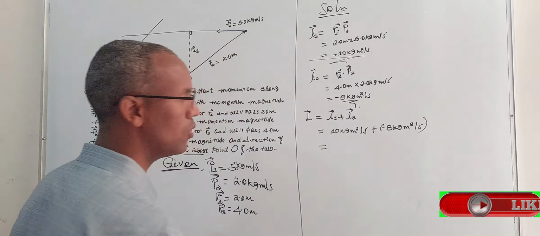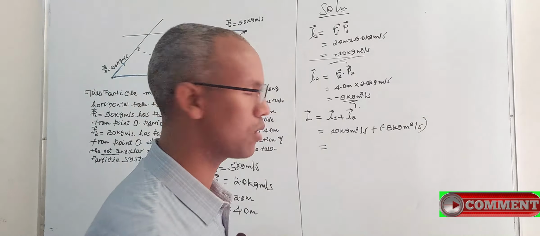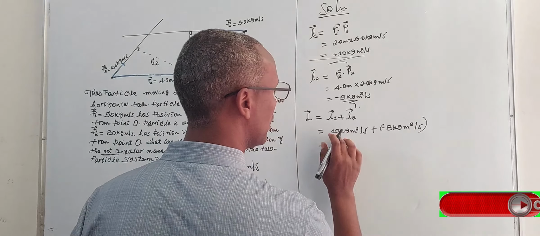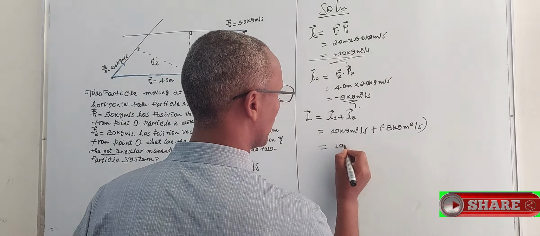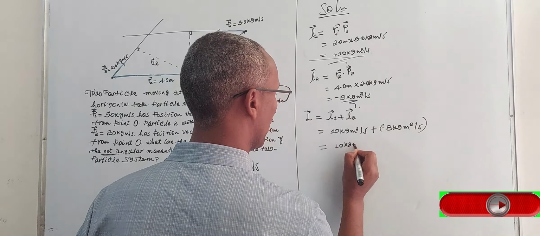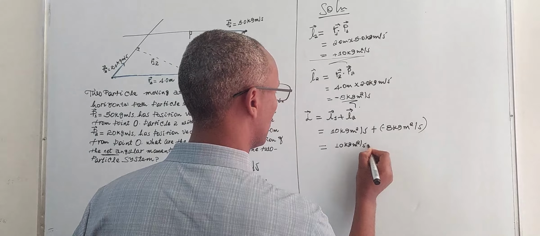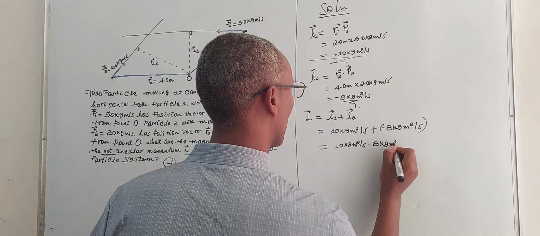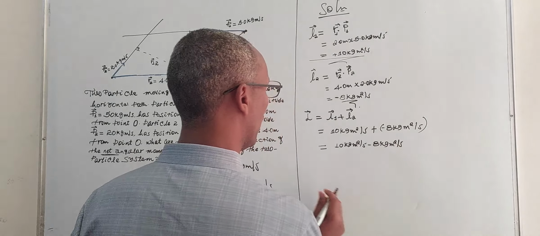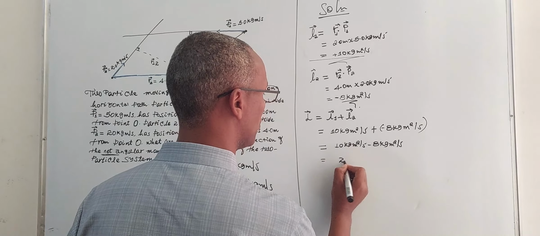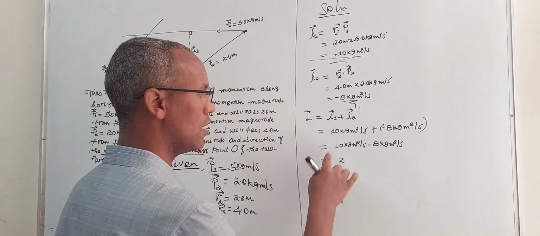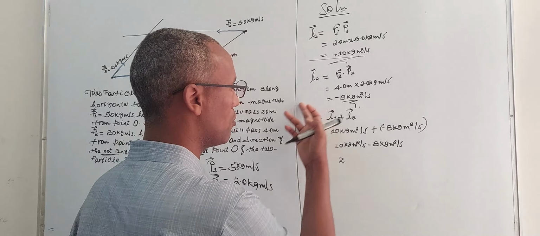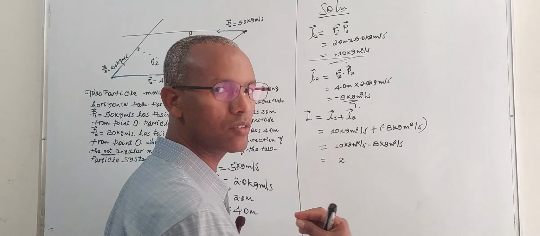So the net angular momentum is equal to 10 kg m² per second minus 8 kg m² per second, which is equal to positive 2, meaning the angular momentum is out of the page.